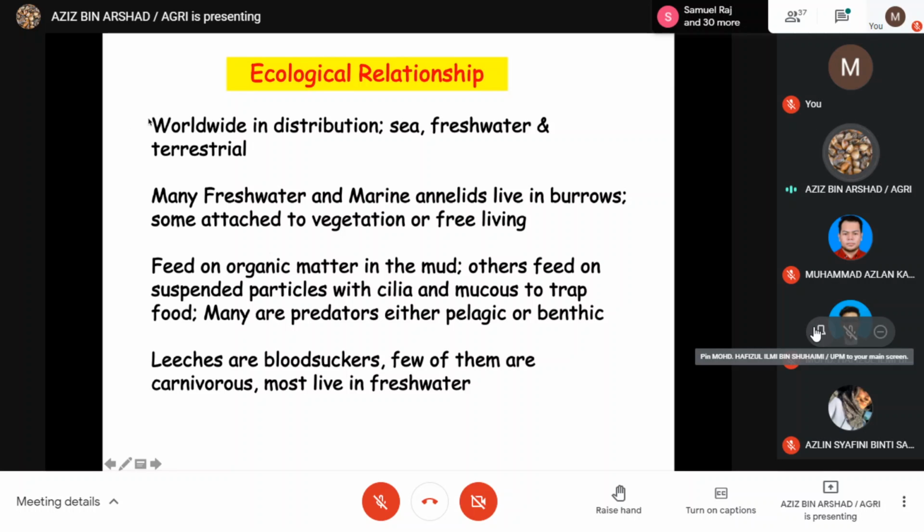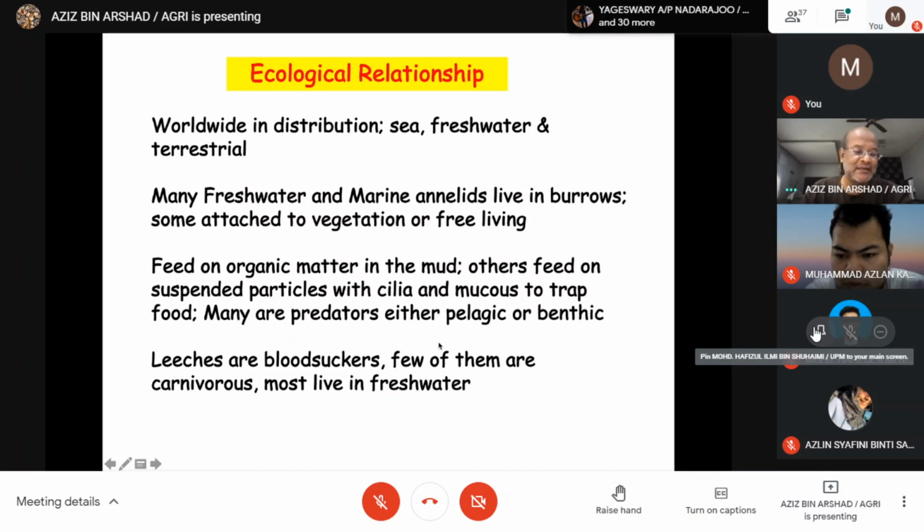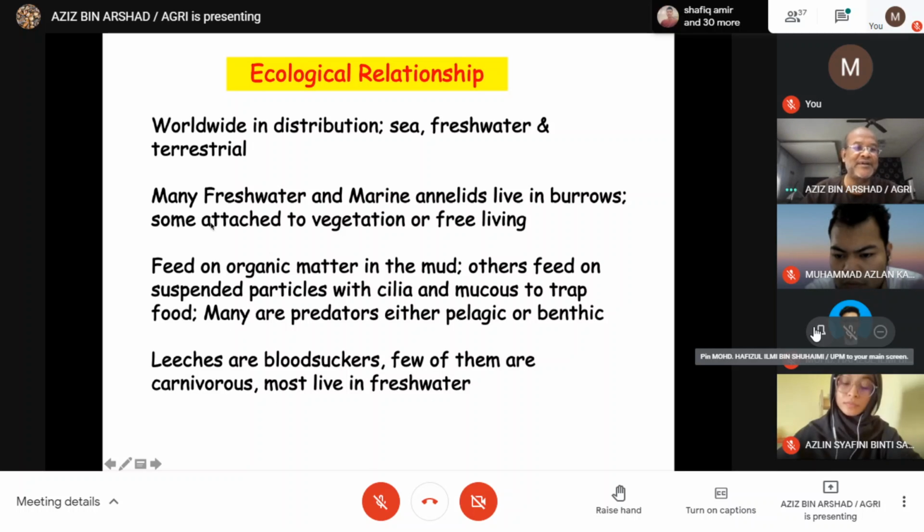They feed on organic matter in the muds. Others feed on suspended particles with cilia and mucus to trap the food. Many are also predators, meaning that they are carnivorous, whether they are pelagic or benthic. Particularly, leeches are blood suckers. They are parasites. Few of them are carnivorous and most of them live in fresh water.